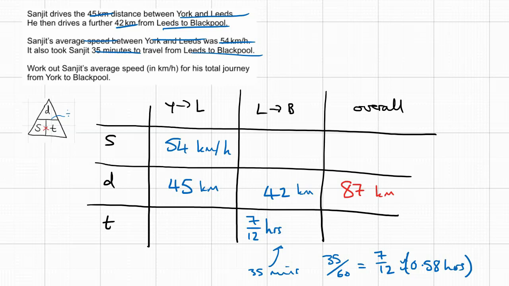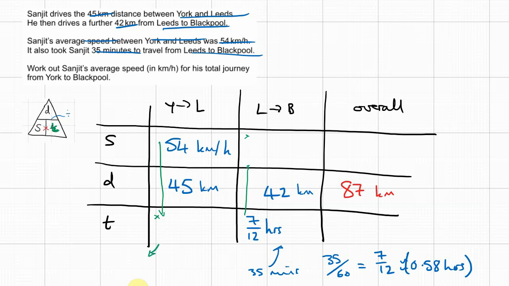Let's double check I've got that right. So that is from Leeds to Blackpool. Okay. So we can see from this that looking down our columns, we can figure this out, and we can figure this out, can't we? And then from the bottom line, we can figure out the total time, and then we can figure out what's in the top right. So, time, cover that up.